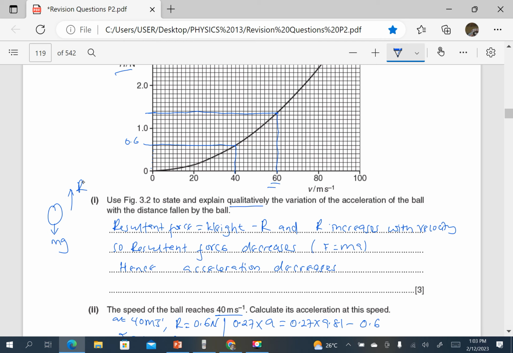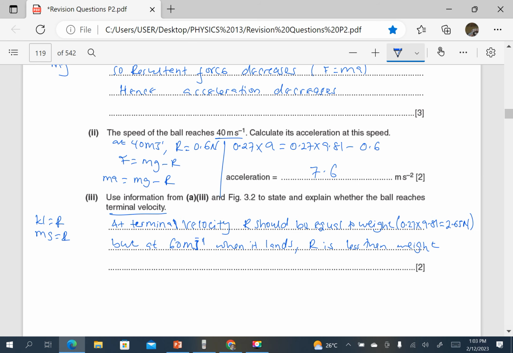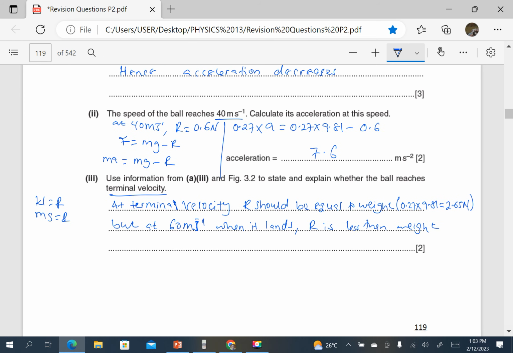So it lands at 60 meters per second when R is not yet equal to the weight. So it doesn't reach terminal velocity.